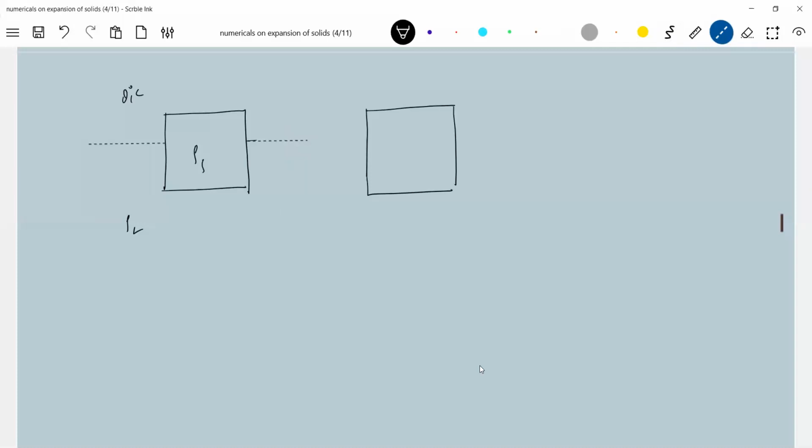Okay, now you can see this. Volume immersed, the solid will not expand.